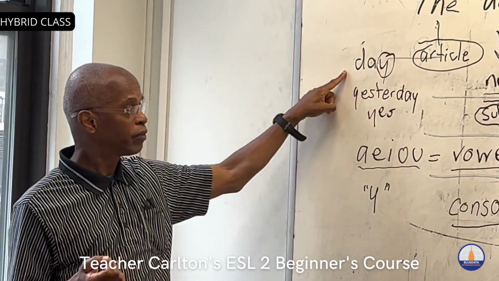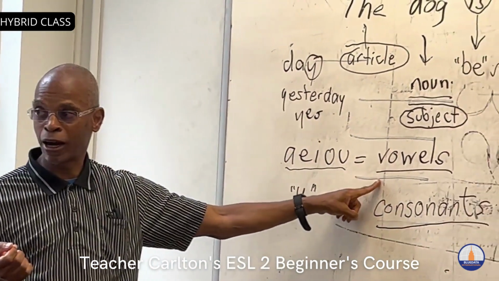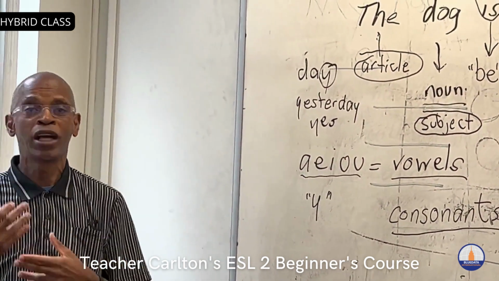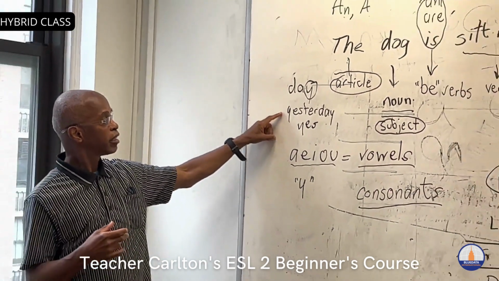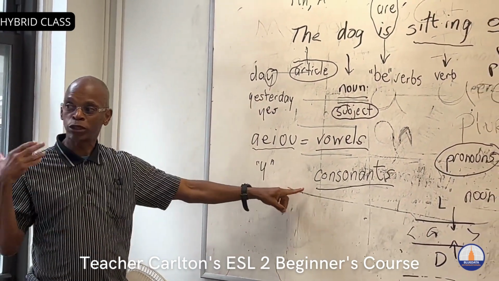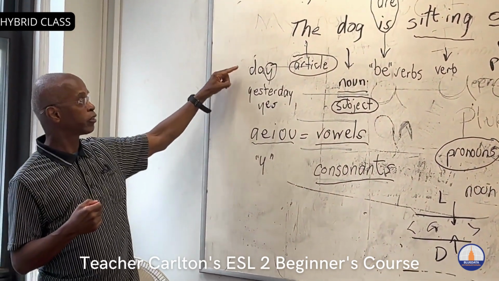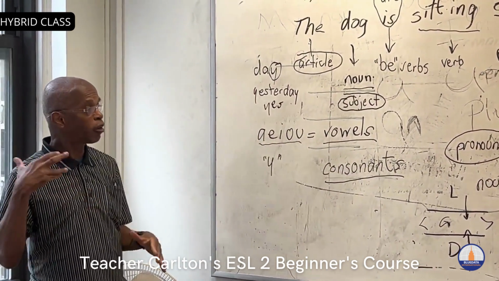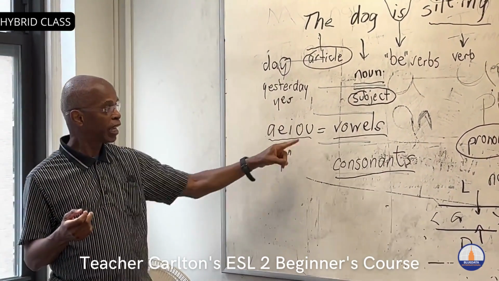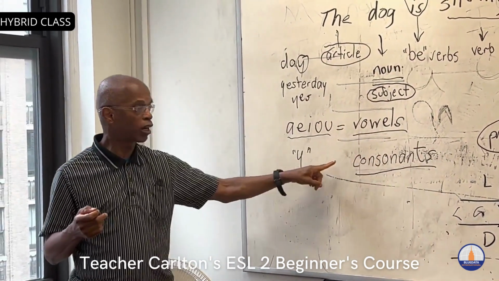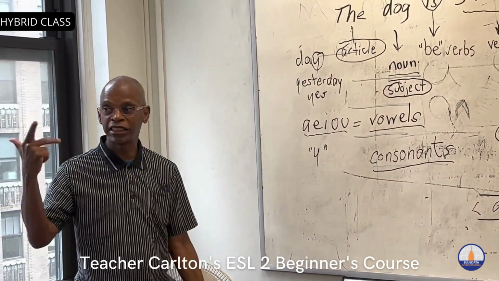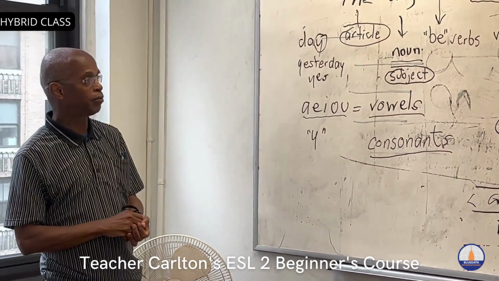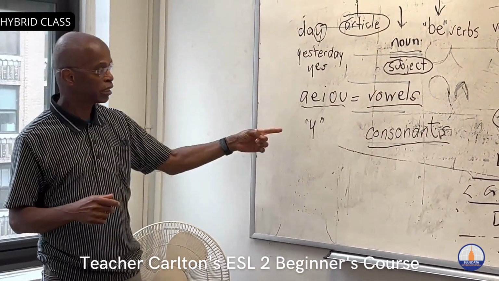The Y here acts as a vowel because it's not a hard sound like C or K or J. Here, it's more of a consonant. That's why we say sometimes Y, because it could be either a vowel sound or a consonant sound. All the other letters outside of the vowels are consonants: B, C, D, F, G, and so on. That's basically it for this.